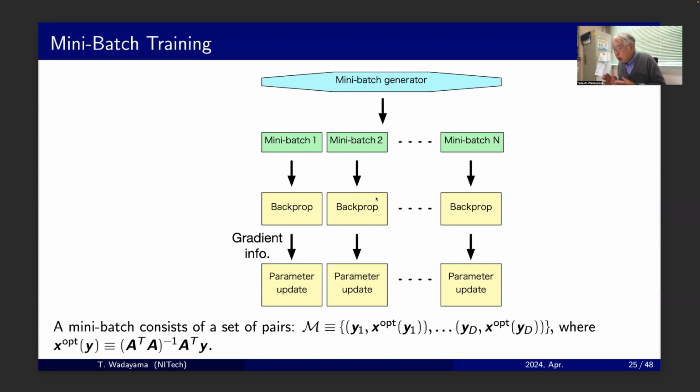In this case, the problem is so simple. We can easily obtain the optimal solution by using the product of the pseudo inverse of A times y. So this is the true solution of this least square problem. So we can make use of this true solution as training data.